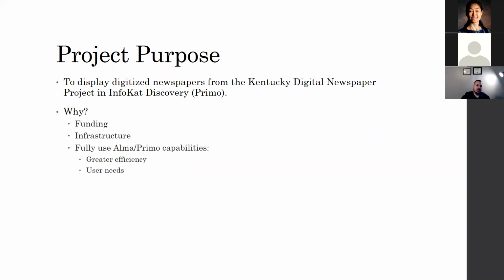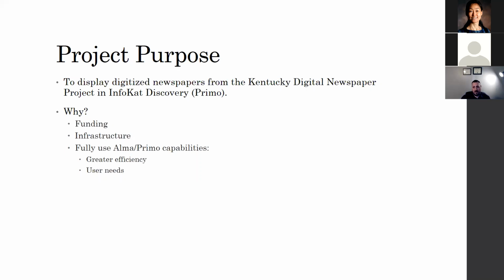And there are several reasons why we decided to go this route. One is funding. The current setup for the KDNP is hosted on an expensive third-party service, so we want to try to cut some costs there. Another is infrastructure. It's been over 15 years since the project began, and a lot of that infrastructure is now gone.